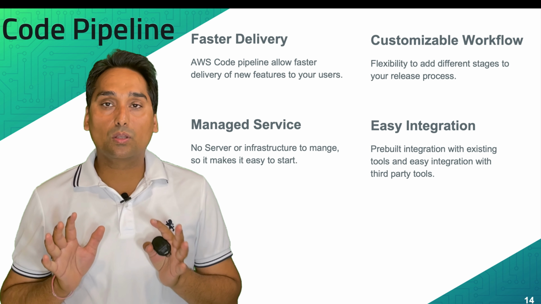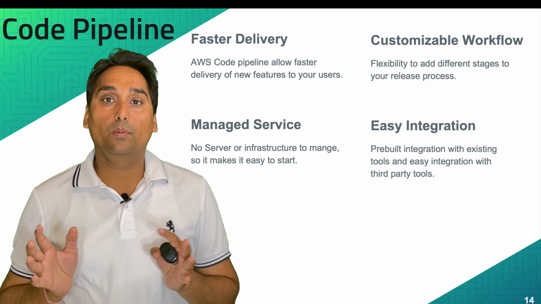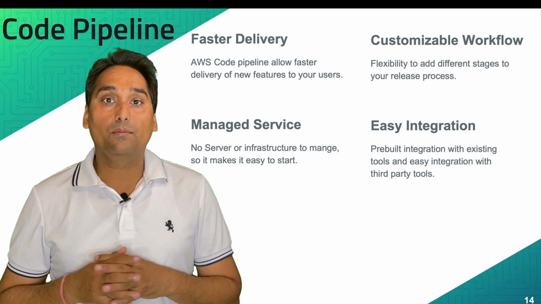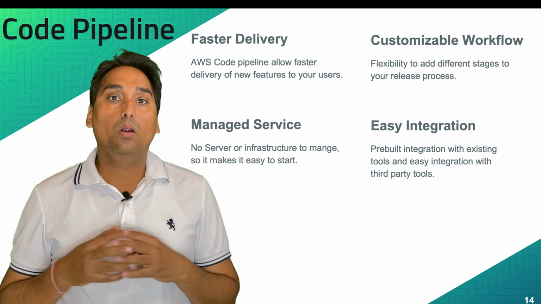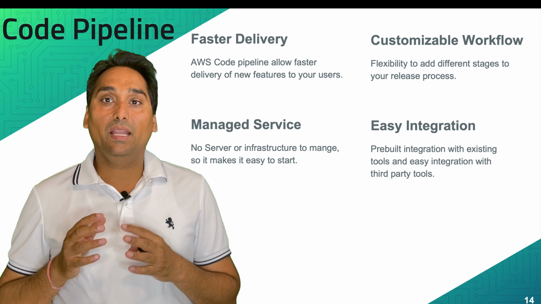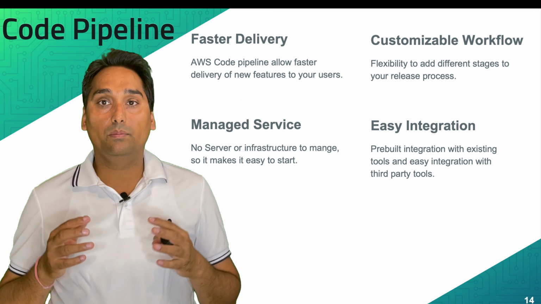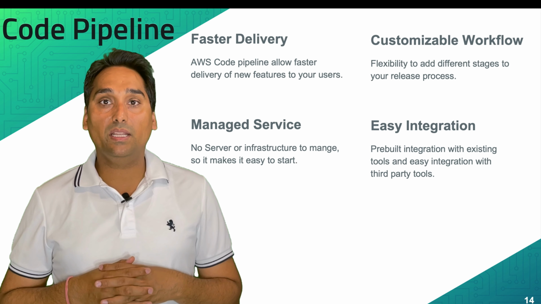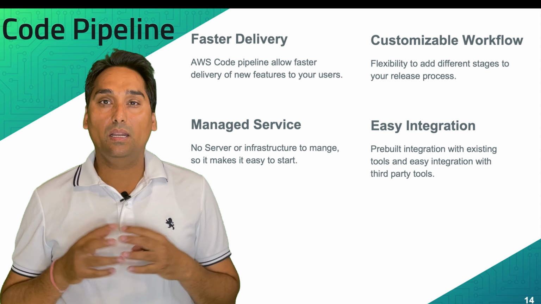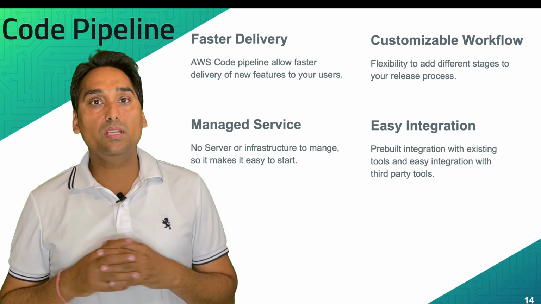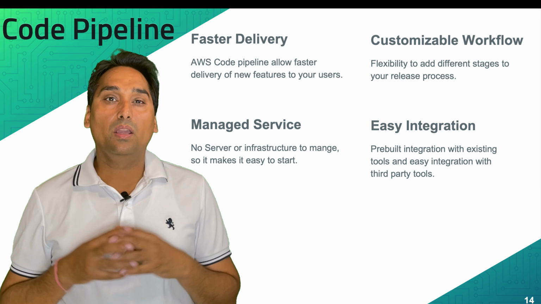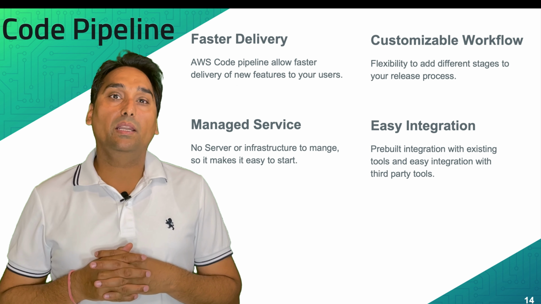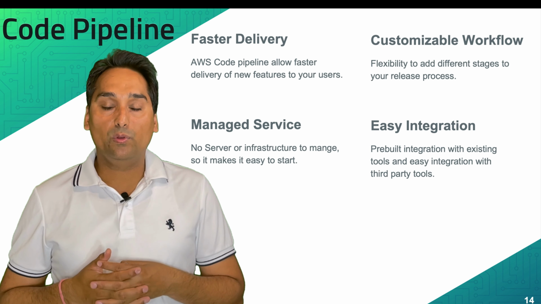So AWS CodePipeline can pull source code for your pipeline directly from AWS CodeCommit, GitHub, Amazon ECR, or Amazon S3. It can run builds and unit tests in AWS CodeBuild. CodePipeline can deploy your changes using AWS CodeDeploy, AWS Elastic Beanstalk, Amazon Elastic Container Service, or AWS Fargate.